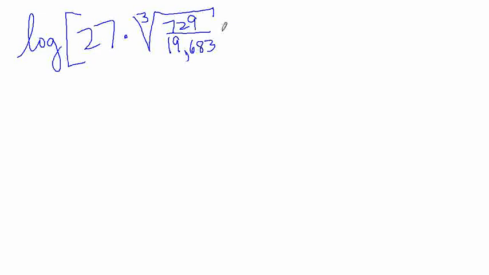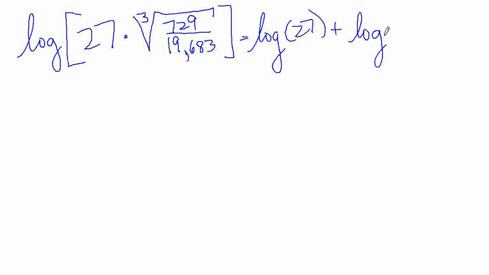Okay, so that's a pretty scary looking log. Well, let's use the product formula that I just gave you. So can't we write this as the log of 27 plus the log of that cube root? All right.